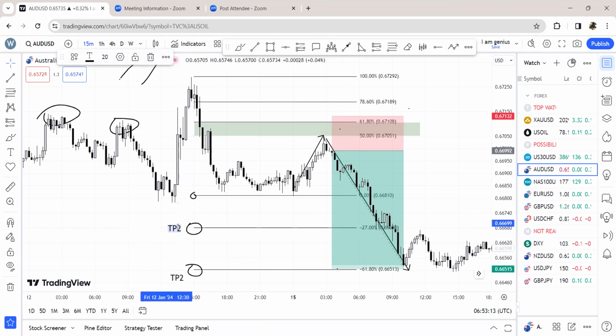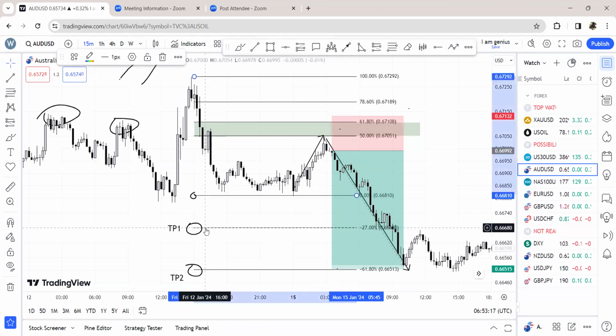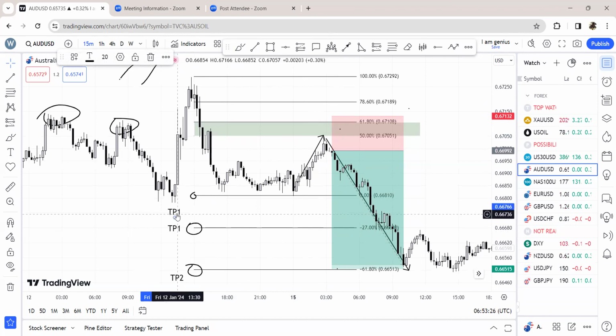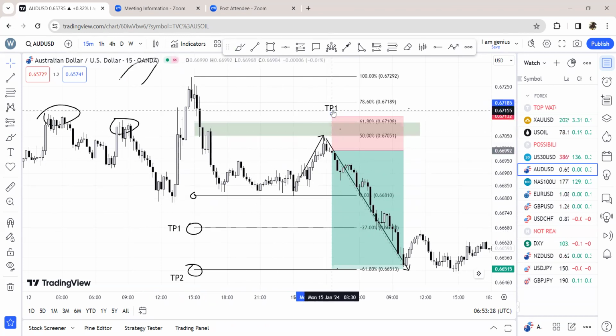This would be TP1. Stop loss will be just right above that area. Stop loss, I'll just say SL. That's your stop loss.